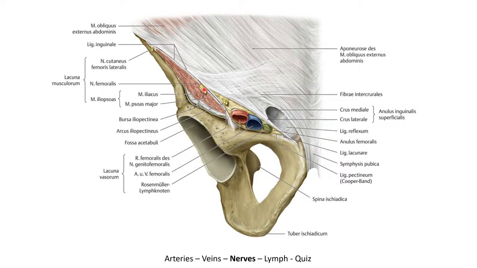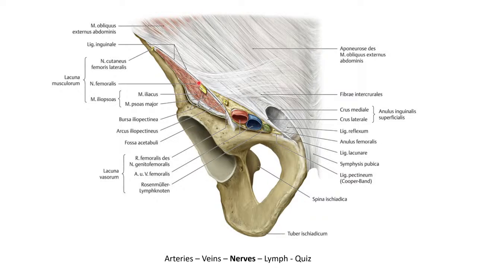So the big structures here will be nervus femoralis and arteria femoralis and vena femoralis, and please remember this pattern. So most medially will be the vein, laterally of that the artery, and most lateral will be the nerve. So this is really important.